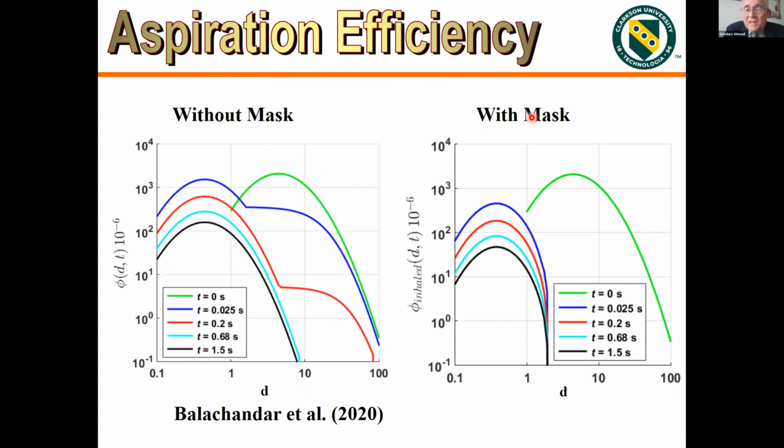But when you wear a mask, I use here a surgical mask, which is a typical one we have. This is the original concentration, and you can see that what is aspirated is much less. This is a log scale, right? Just look at maybe the black curve. Here it is of the order of 100, peak here, and then decreases to this range. With the mask, anything more than 2 micron is essentially cut off.